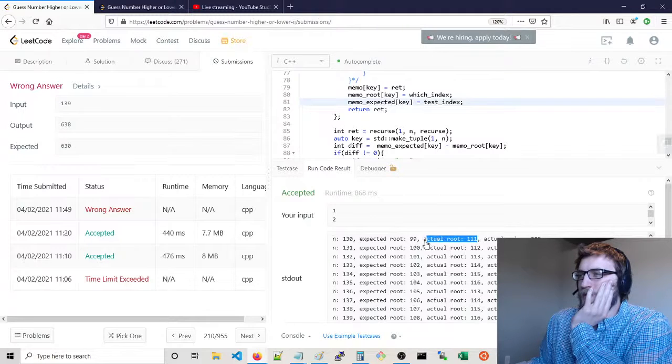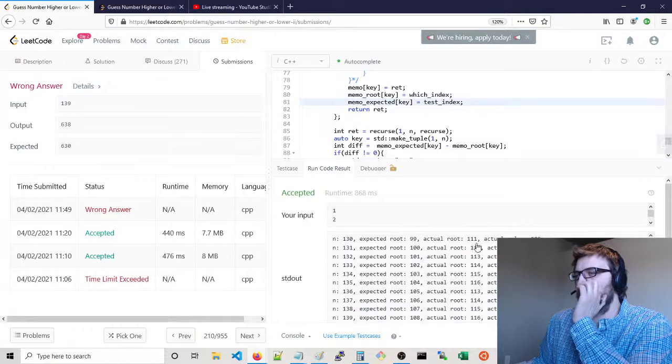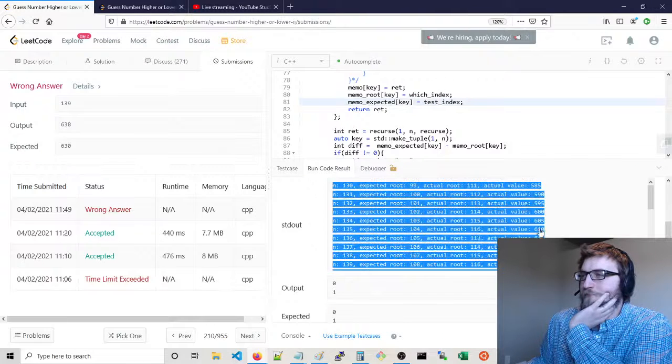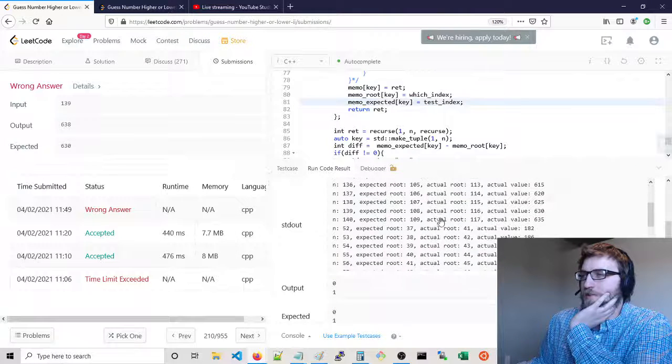So this is a pretty big difference, right? This is a difference of 99 and 111. I was thinking it was only going to be a difference of like 1 or 2, but this is pretty significant. 100, 112, this is a difference of 12 each of these, looks like. It's pretty far away.